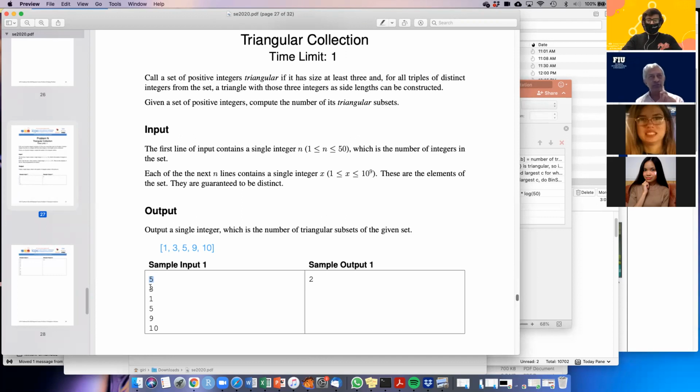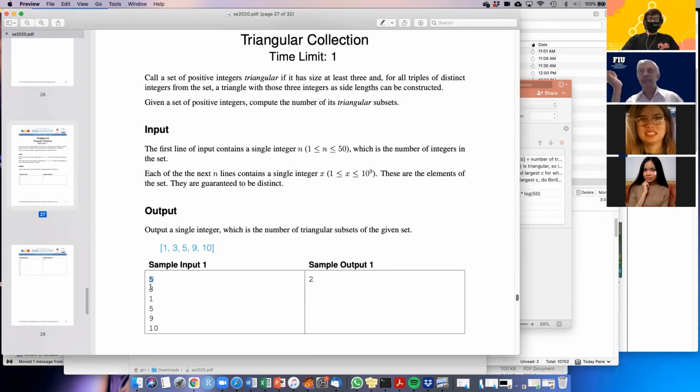The other set would be 3, 9, and 10. And the last set would be 5, 9, and 10. So there would be 3 triangles that are possible. And maybe that's why they've dropped 1, 9, and 10 and reported 2, because these two sets they cannot be merged together.